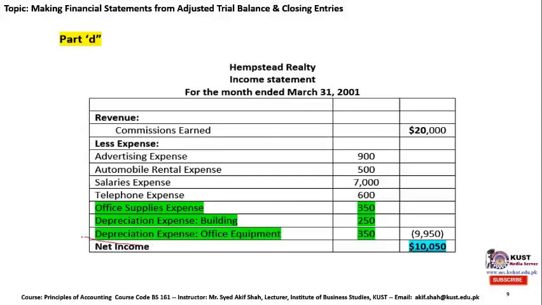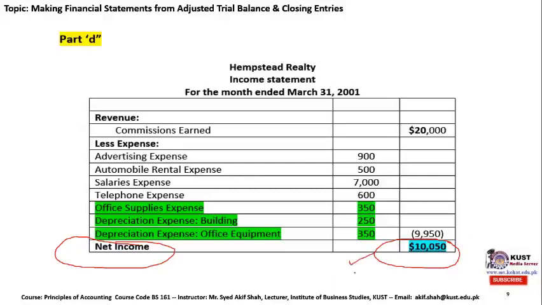So we can see that in our previous financial statement, the company has generated net income of $10,050.